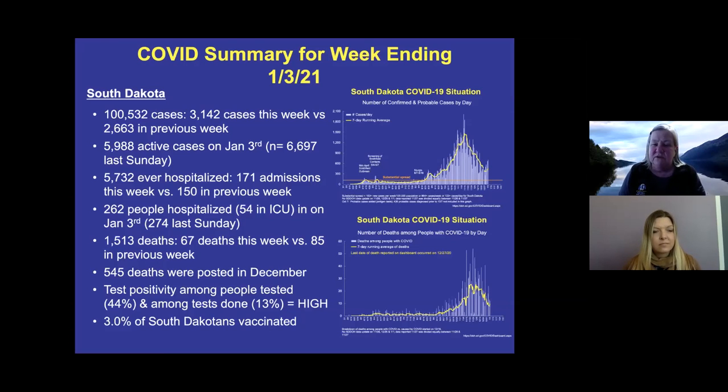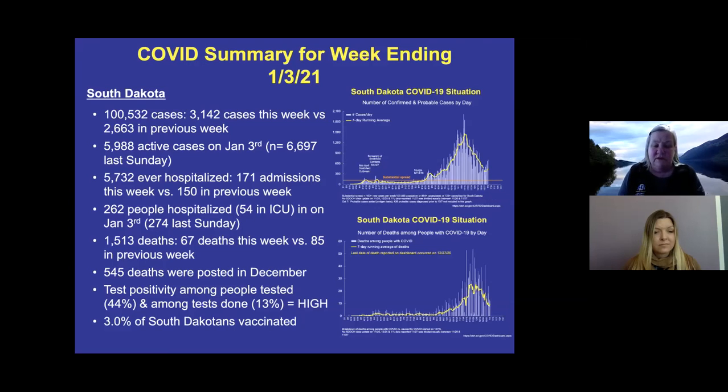Close to 6,000 active cases on January 3rd, about 600 less than there were last Sunday. 5,732 people have been hospitalized, 171 admissions this week compared to 150 in the previous week. There have been 1,513 deaths. 67 of those deaths occurred this week compared to 85 in the previous week. And in December, there were a total of 545 deaths posted.